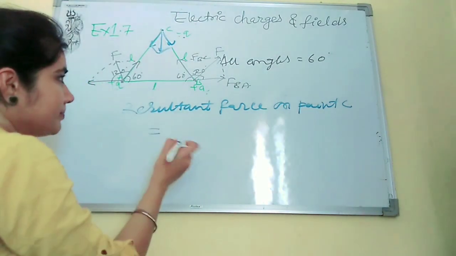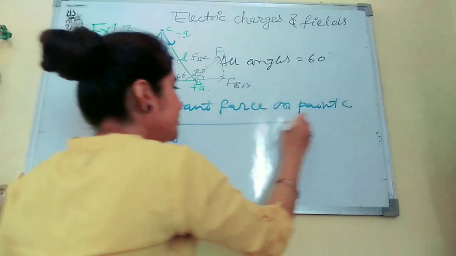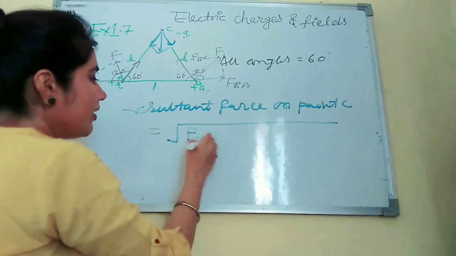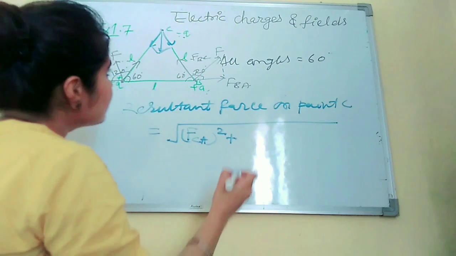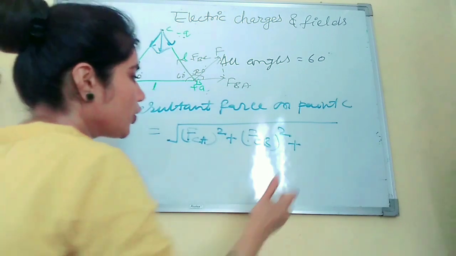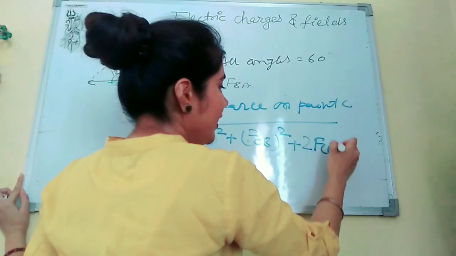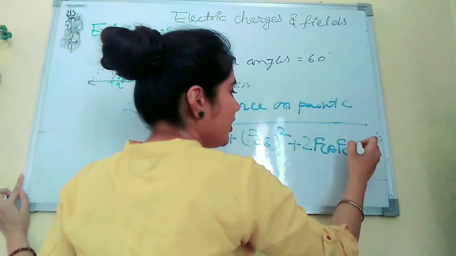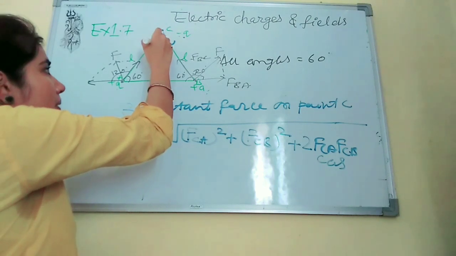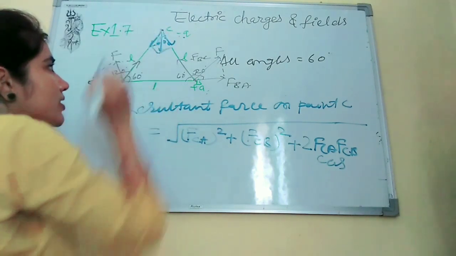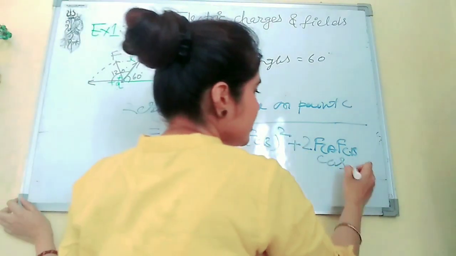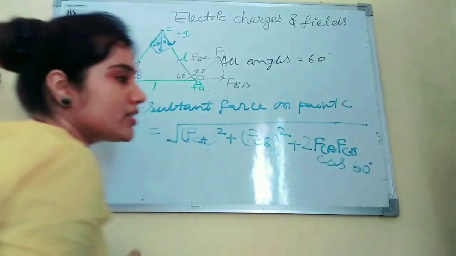So this will be the magnitude of the square root of FCA square plus FCB square plus 2 FCA FCB cos of the angle. Now the angle between these is 60 degrees because this is an equilateral triangle, so all angles are 60 degrees. So we simply mark here cos 60.